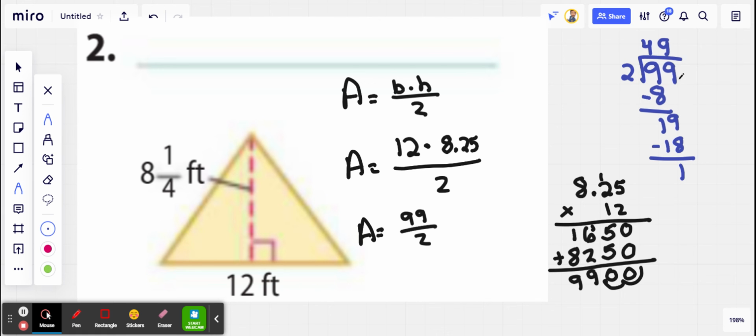Well, 2 can't go into 1, so let's add that decimal and a 0. And we'll drop this 0 down to help us out. It makes 10. 2 can go into 10 5 times. There we go. All right. Very good. So our area for this triangle is 49.5. And our unit of measure this time is feet. So feet squared.